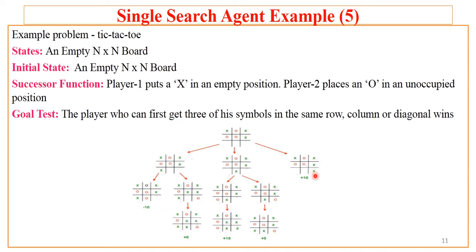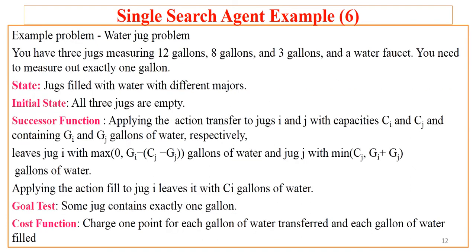Here, if it is the turn of the cross player, the cross player may put a cross here at the third row and third column position, or he may put a cross here at the second column third row position, or he may put this cross at the third row third column position.